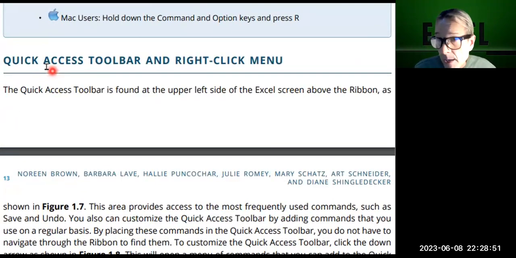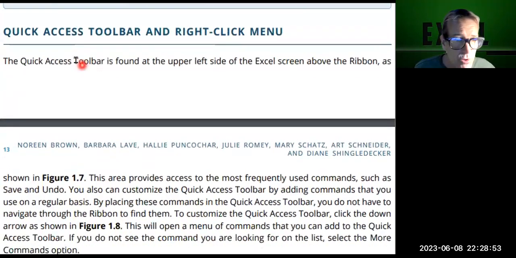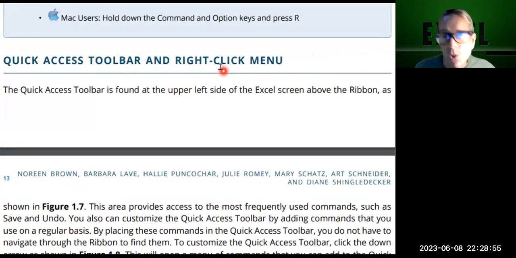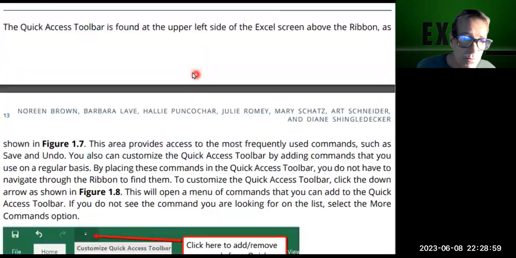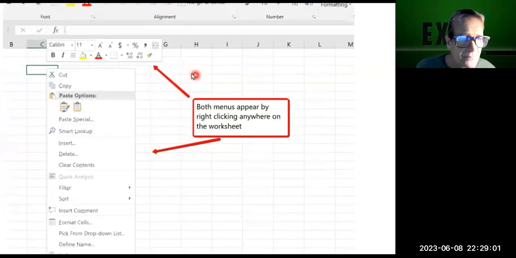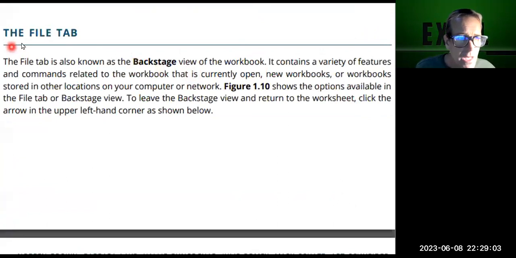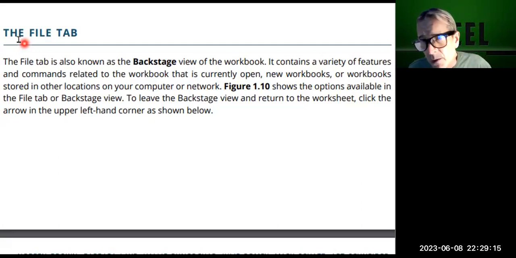You may already know about it from Microsoft Word. Right-click menu. You may already understand the right-click menu from other Windows programs. Lots of diagrams. Here they explain the File tab. The File tab is not special for Excel. Word, PowerPoint, Access, Publisher, and Outlook all have File tabs.